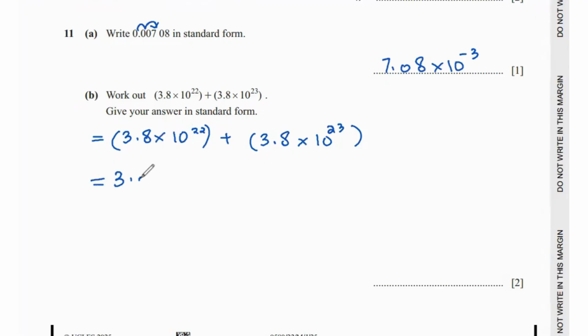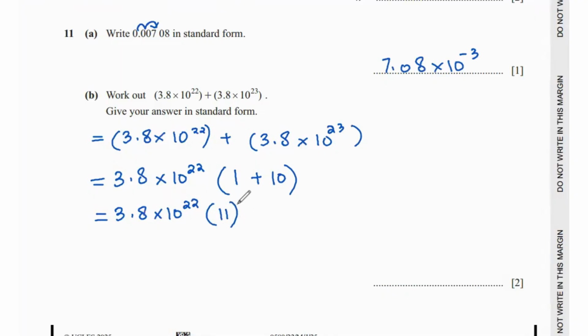So if you take them outside, since they're common, what we're left with is 1 plus 10 over here. 3.8 comes outside, and when 10 to the power of 22 comes outside, 10 to the power of 23 becomes 10, because we've taken the 10 to the power of 22 outside. So now it's 3.8 times 10 to the power of 22 times 11.